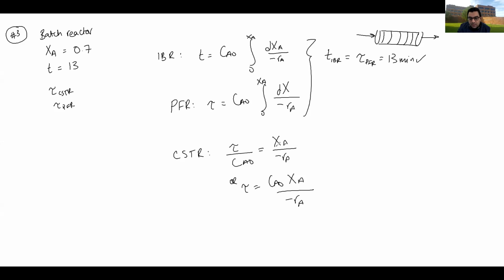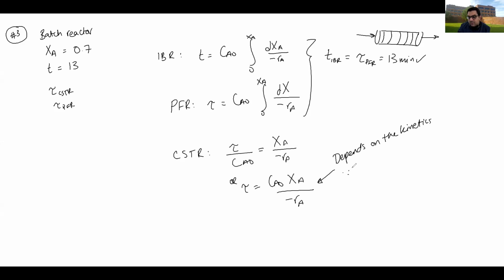Okay. Now let's have a look at the CSTR here. CA naught XA over minus RA. So this really depends on the kinetics, right? This parameter here depends heavily on the kinetics.